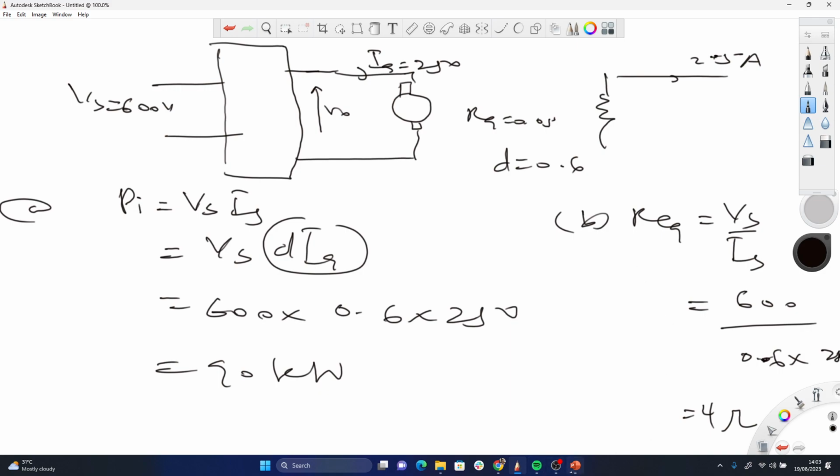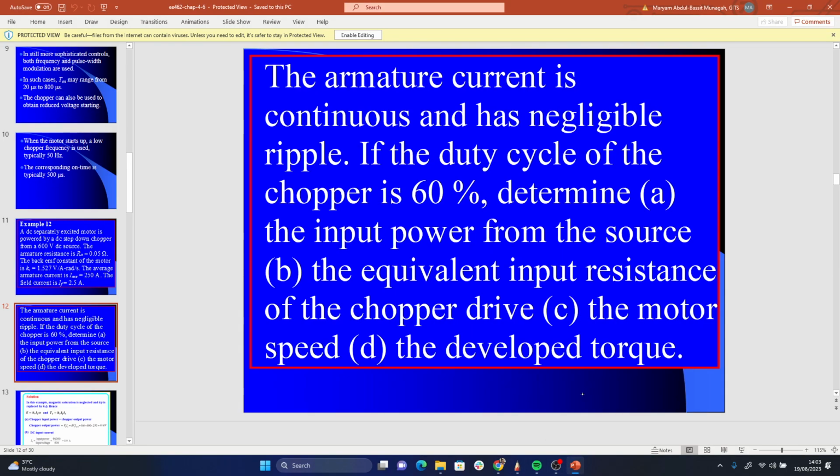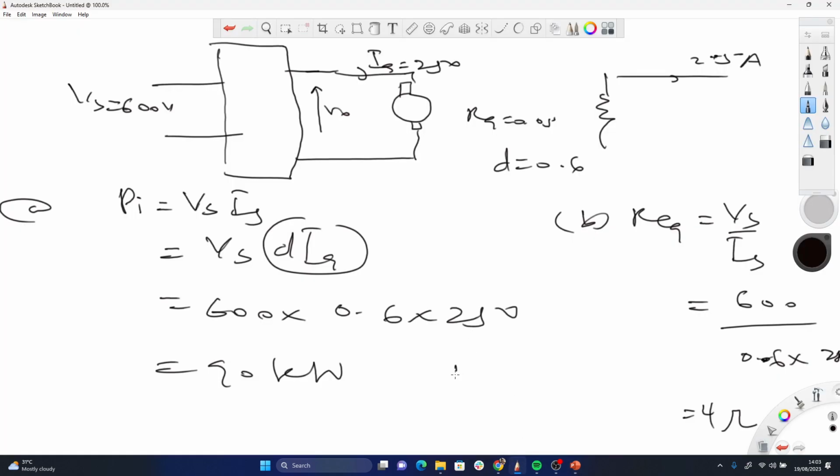That's it. Then the C says find the motor speed and the torque. Let's find the torque first. Torque is K phi Ia. But we weren't given K phi, but I've said K phi is equal to KvIf. So torque is KvIf Ia.